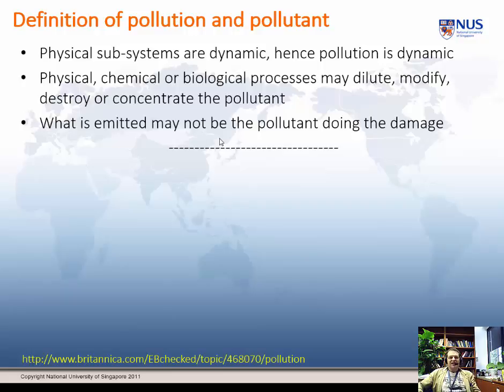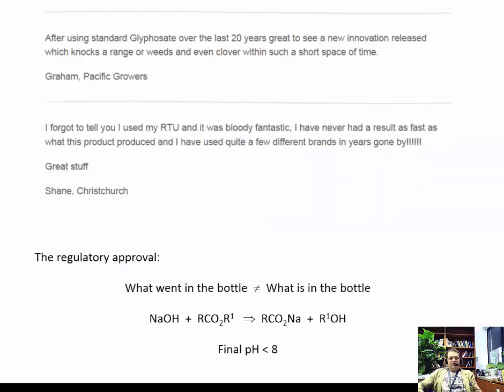I'll give you a silly example, one which we'll get to a little later. Okay, so we're happy in principle that the biology or the chemistry may change what goes into the environment, and a silly example is a glyphosate weed killer, and we're going to talk about glyphosate a little later.